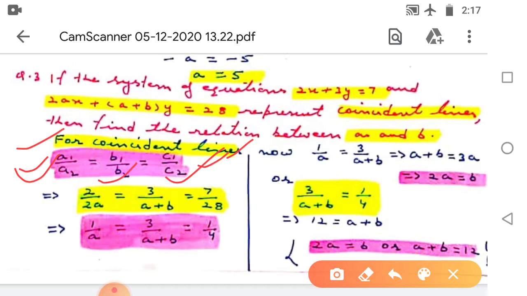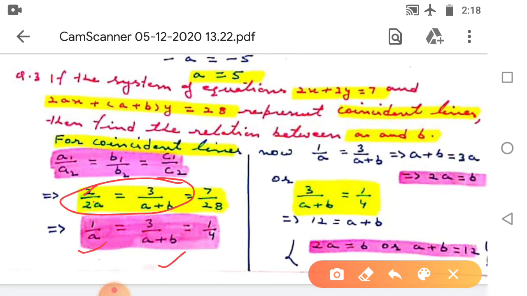So, a1 is 2, a2 is 2a, b1 is 3, b2 is a plus b, c1 is 7, c2 is 28. Now taking the first two equalities, that is 2 upon 2a, it becomes 1 upon a. 1 upon a is equal to 3 upon a plus b.